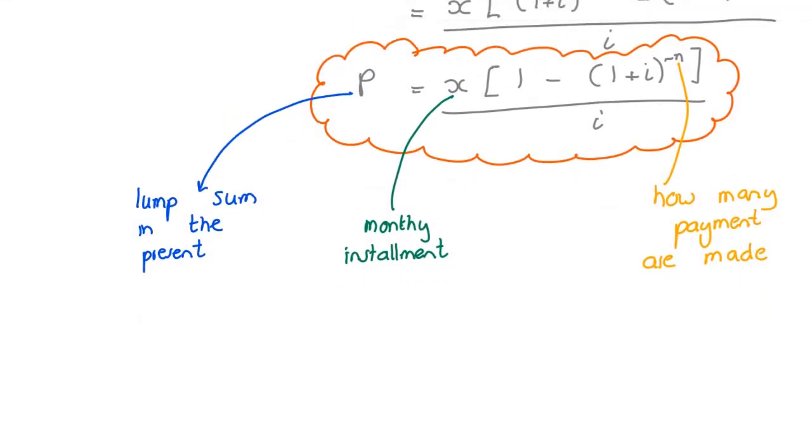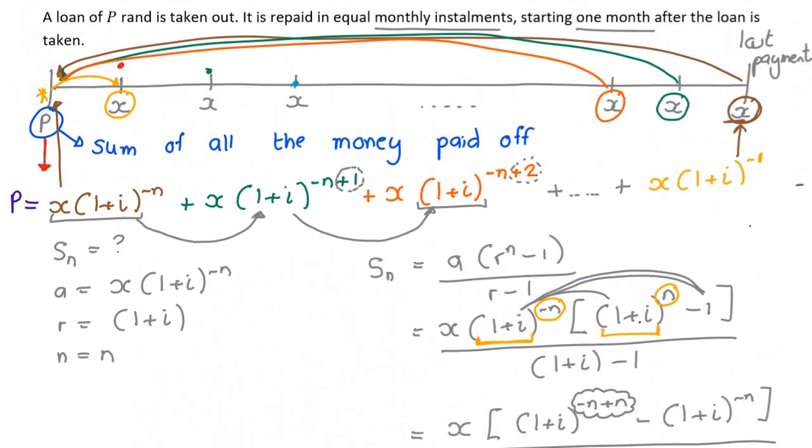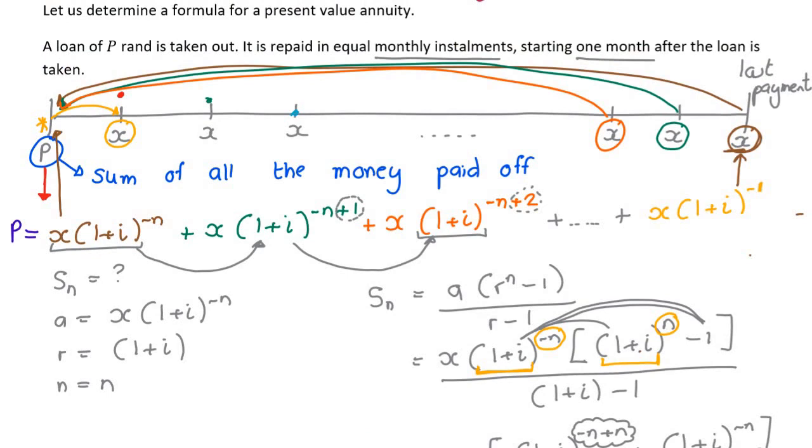Now the only T and C that applies here that's really, really important: if I look at how I derived this formula, the premise that this formula works on was the fact that here is your loan in the beginning, and one time period later you made a payment. Now that's how we derive this formula.